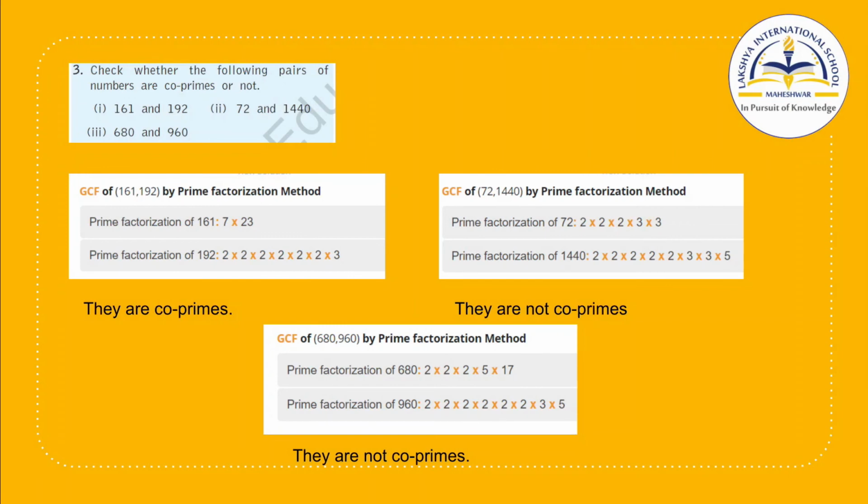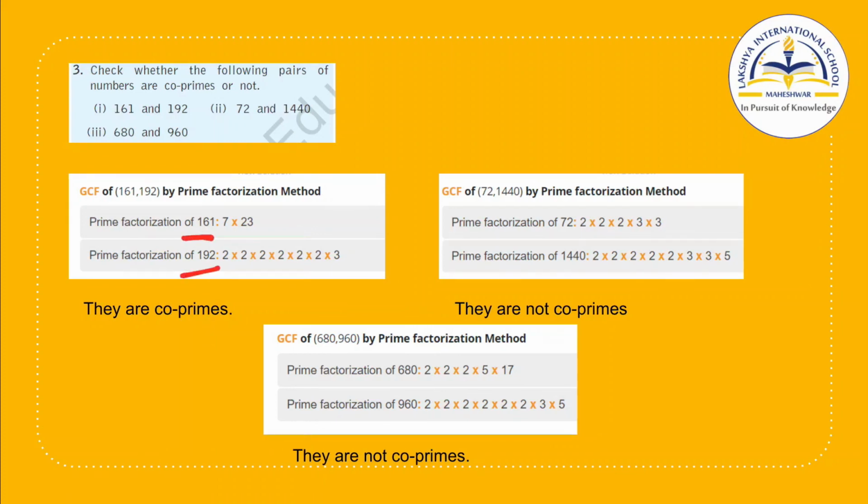Now question number 3. I told you what co-primes are: from the given numbers, only one is the common factor, which is 1. Now in the first question you have to find the factors of 161 and 192.